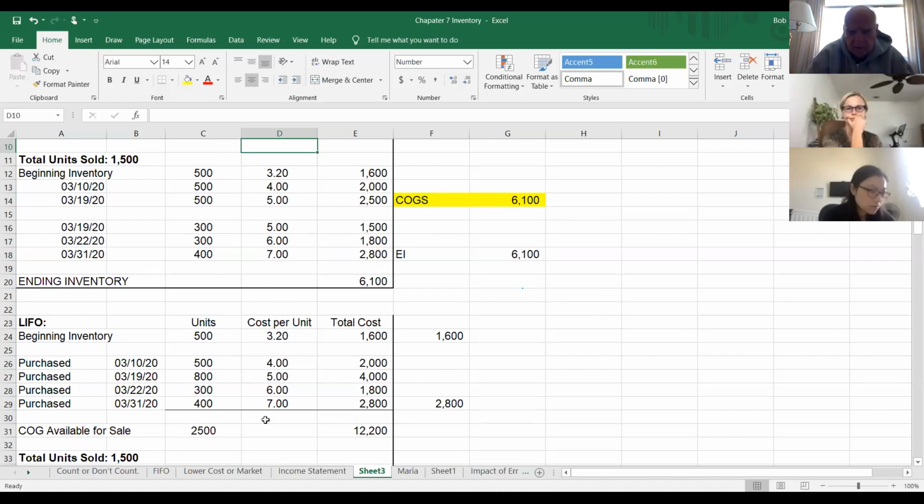You're going to be able to generate a headline that says, Microsoft announces record earnings of $1 billion or whatever it is. So you might opt for FIFO to generate the biggest income, and you could put a report together and send all this out to bankers and creditors and lenders and potential investors, to the public, that you're doing great.